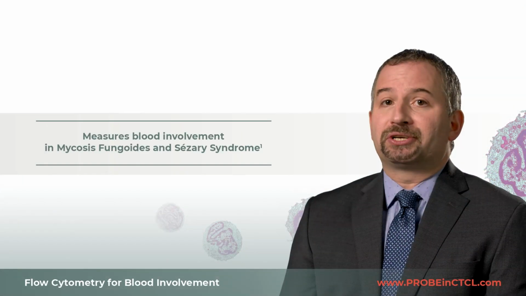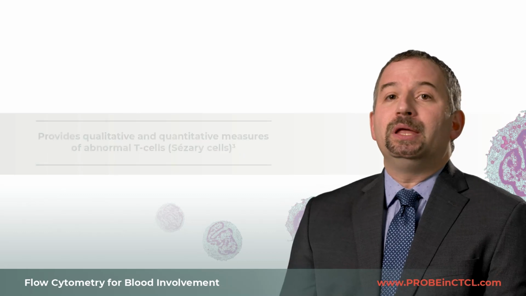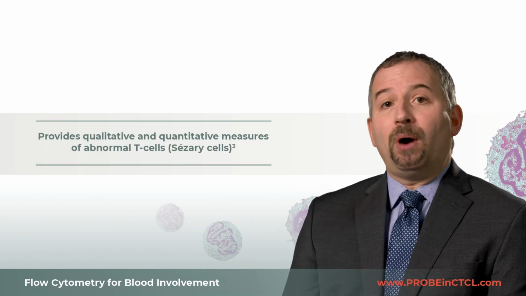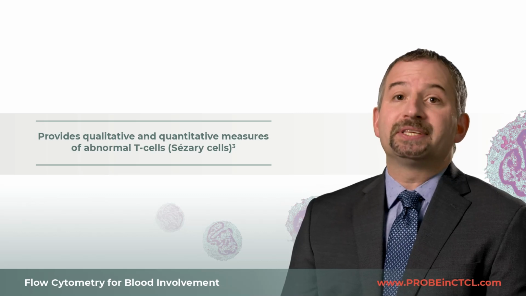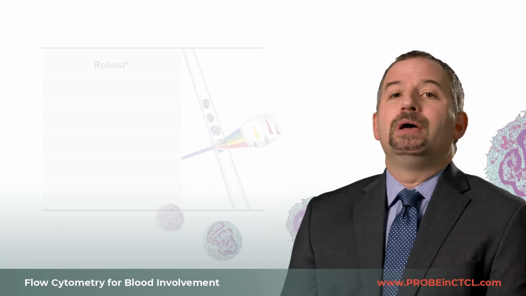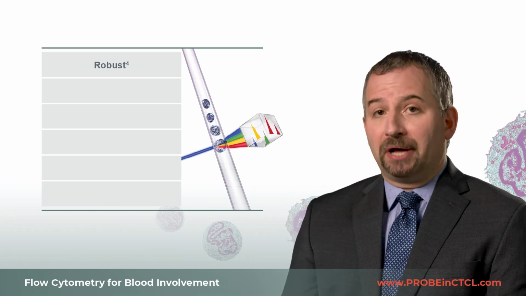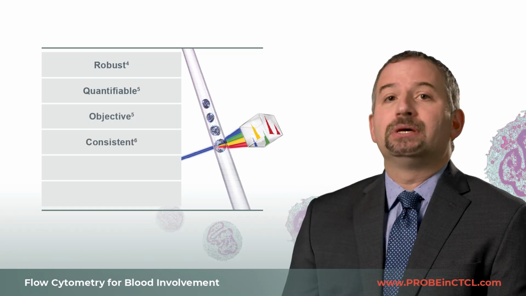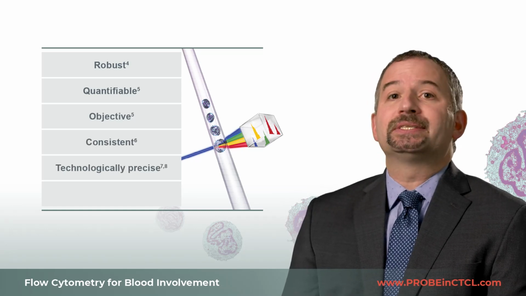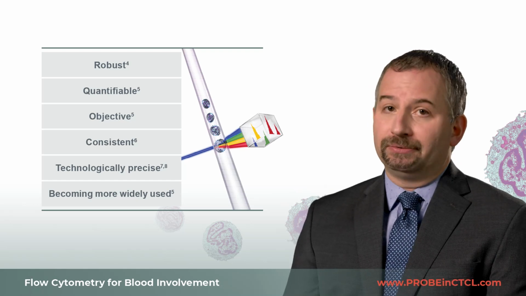Flow cytometry measures blood involvement in Mycosis fungoides and Sézary syndrome. It provides qualitative and quantitative measures of abnormal T cells or malignant Sézary cells in the blood. The advantages of flow cytometry are it is robust, quantifiable, objective, consistent, technologically precise, and becoming more widely used versus manual counts.